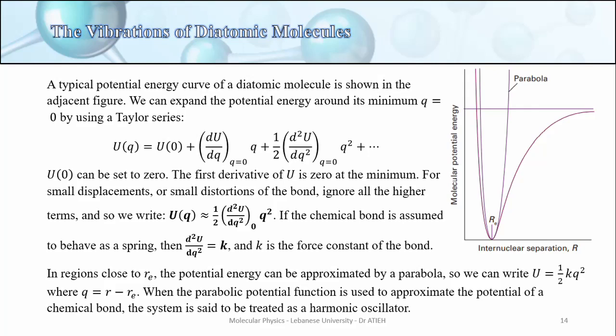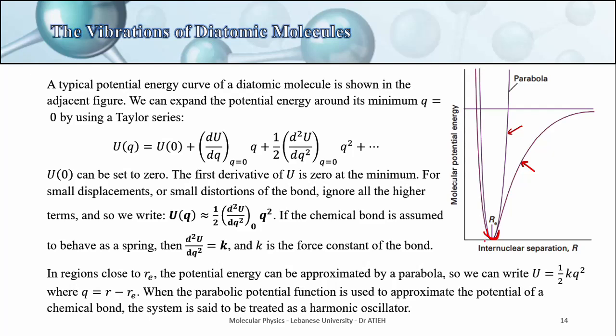You can see its shape. This is the potential energy curve of a diatomic molecule, and this is the parabola. As a first approximation, we are interested in small displacements of the atoms from their equilibrium position, or small distortions of the bond from its equilibrium length.